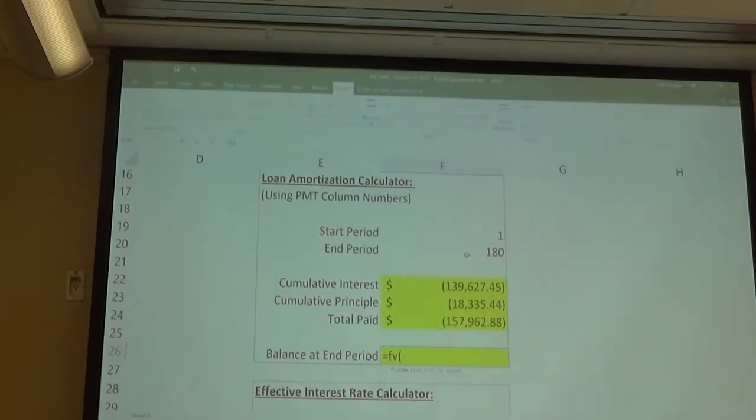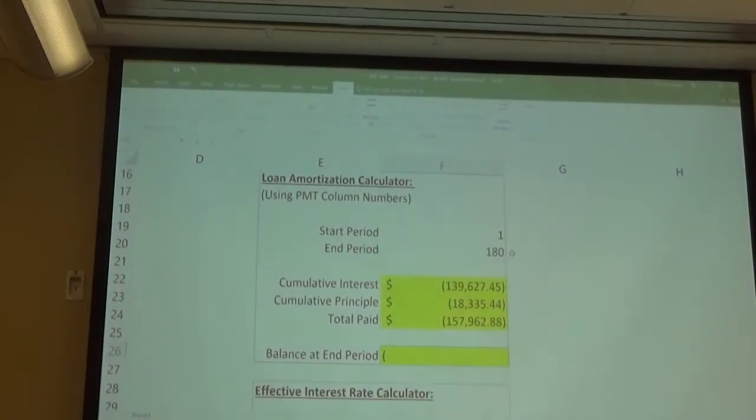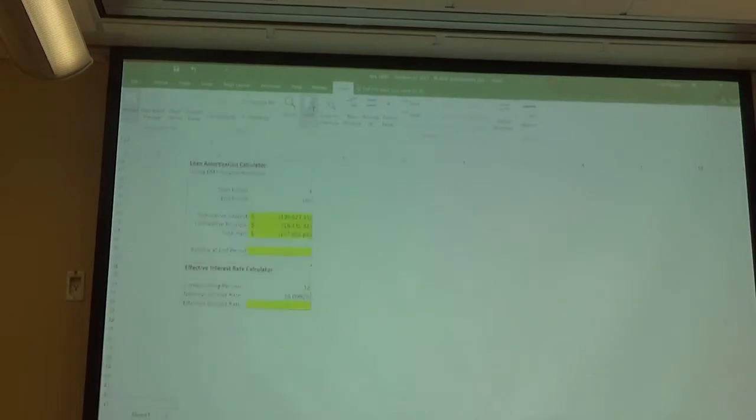Okay. We've already done a future value up above, but this one's different because we're changing up the term. So in this case, future value, the rate, we're going to have to go 10% divided by 12.